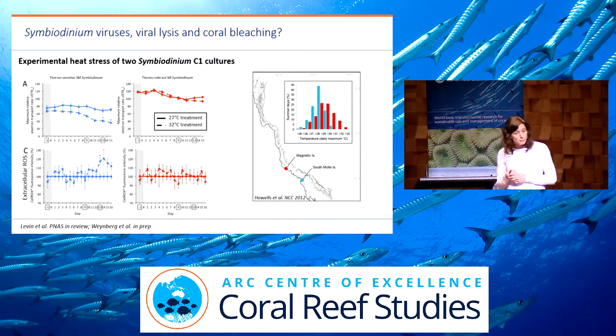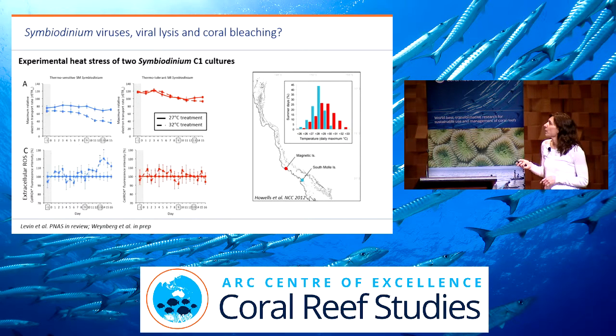Now, recently we have conducted a heat stress experiment on the main culture that we used in the experiments I've just described, which is this one here, the thermotolerant Magnetic Island Symbiodinium. It's a type C1. And we subjected these cultures to a control temperature of 27 and heat treatment of 32 degrees centigrade.